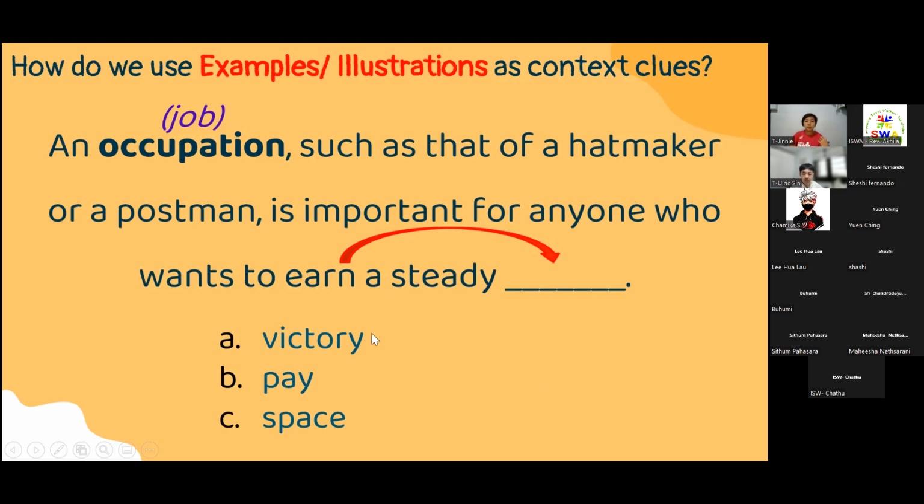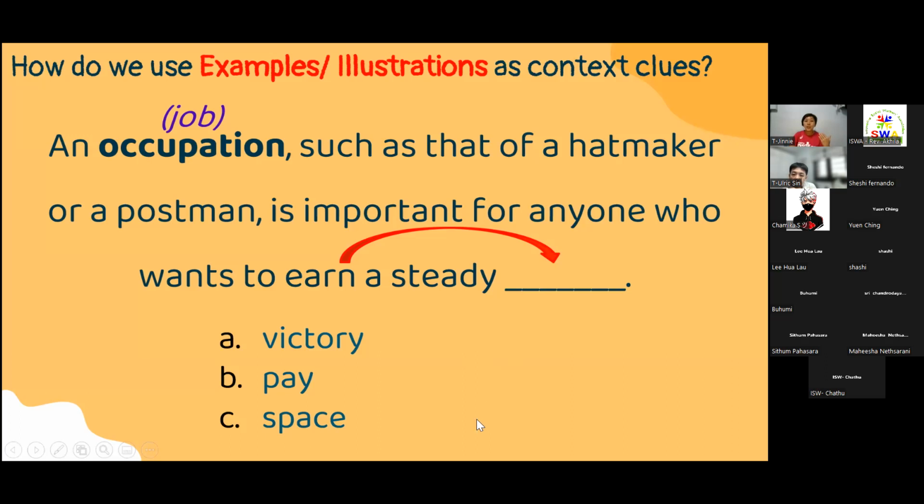Let's try. B, pay. Hey, what makes you think so? So you must be able to explain. Because of the verb earn.